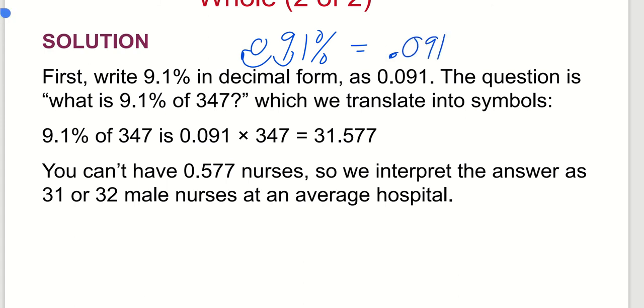And again, of means multiply. In our calculator, if you do 0.091 times 347, that will give us around 31.577. And again, we can't have 0.577 of a person, just round it to the nearest whole number. So that'd be about 32 male nurses at this hospital.